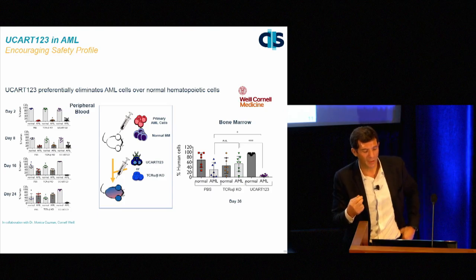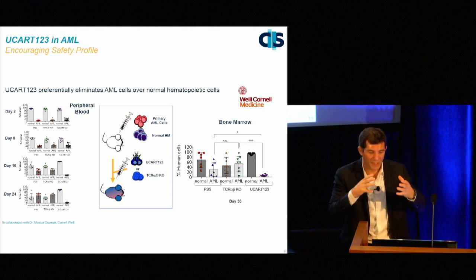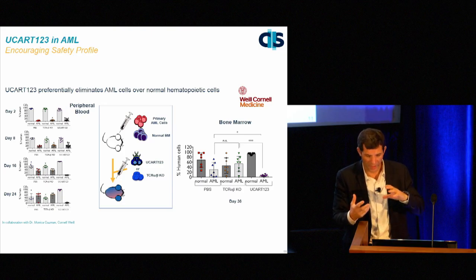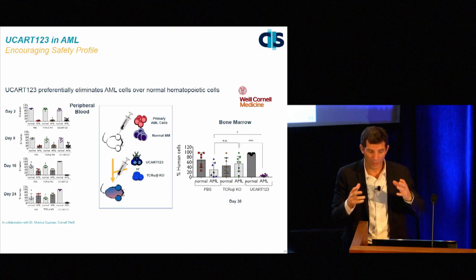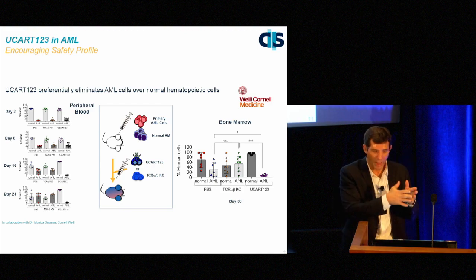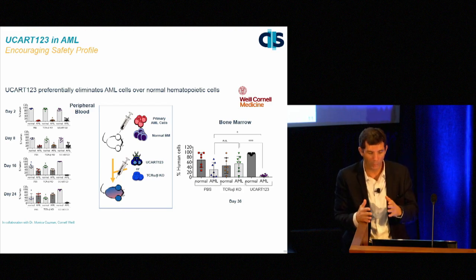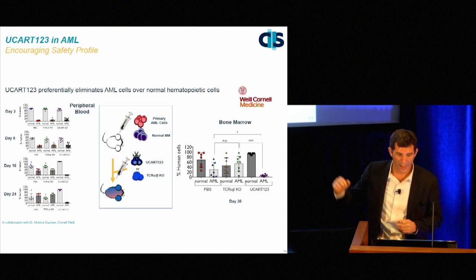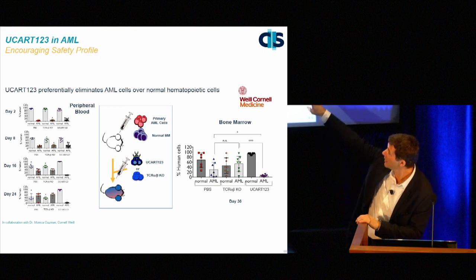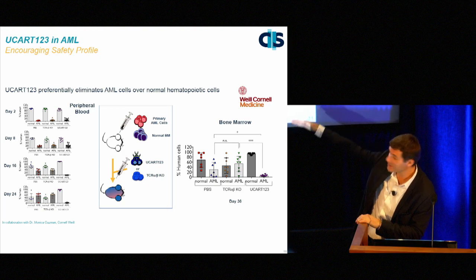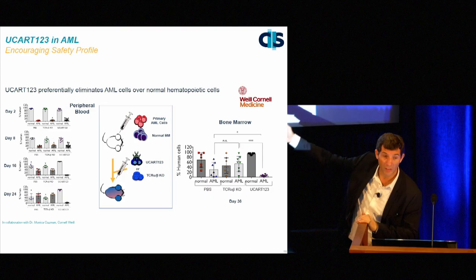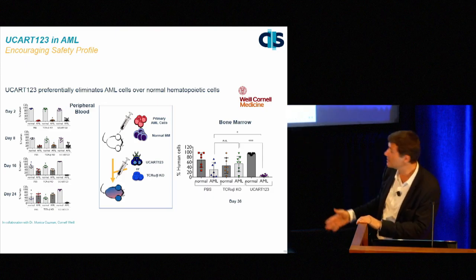So we decided to do a mixed model where we inject UCAR123 or control cells into mice that have either primary AML cells or normal human bone marrow cells. You see that in peripheral blood, in the mice treated with UCAR123, all AML cells are gone while normal cells continue to grow, which is not the case in control mice.